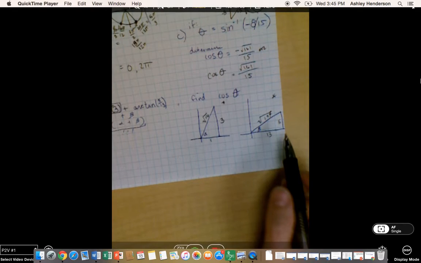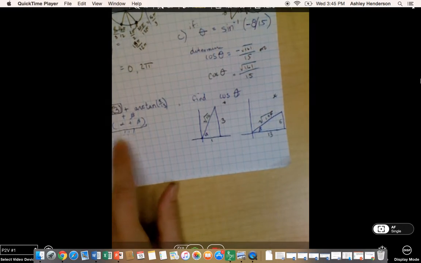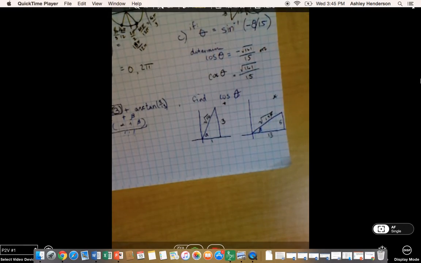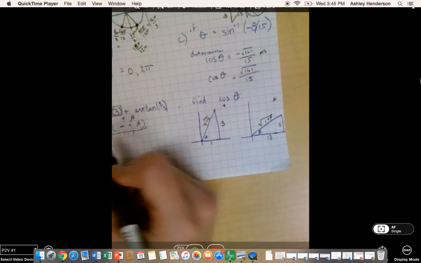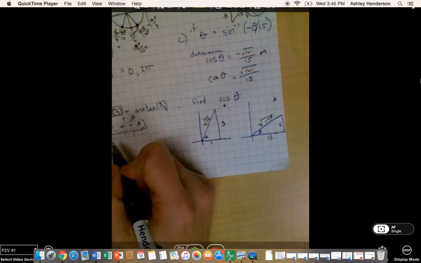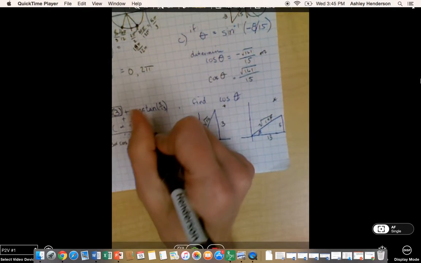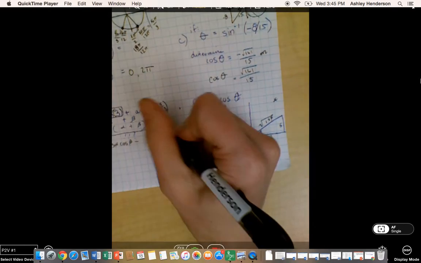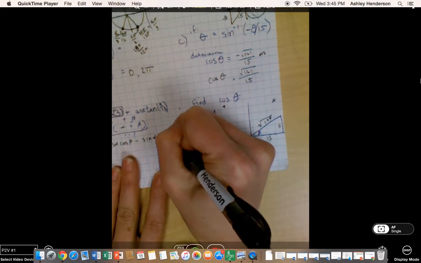So now I'm going to have all of the information I need to answer this. The reason I put my little exclamation points under the cosine of alpha plus beta is that's a compound identity. So we're going to go to our formula sheet and write down what the cosine of alpha plus beta is as a rule. It's cosine alpha cosine beta, and if it's add here, it's subtract here, sine alpha sine beta.